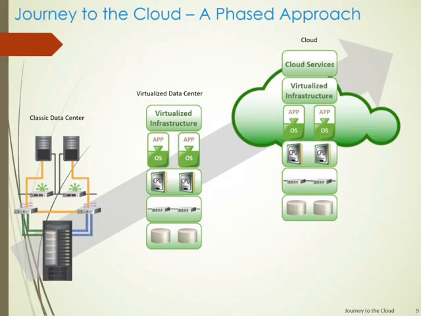A virtual data center is a data center in which compute, storage, network, and/or applications are virtualized. Compute virtualization enables running multiple operating systems concurrently on a compute system. This improves compute system utilization.